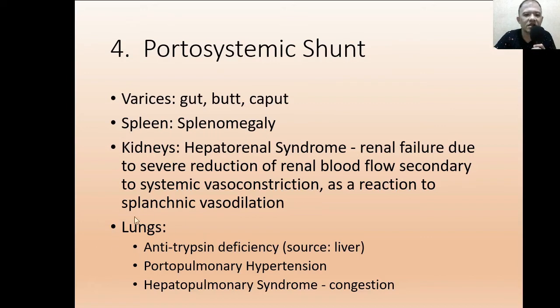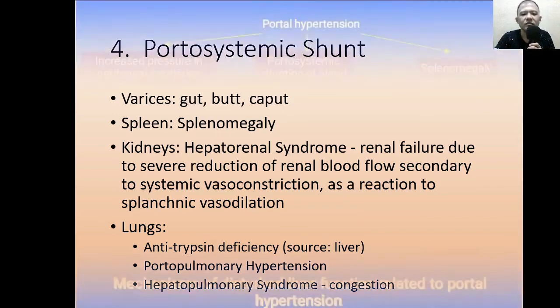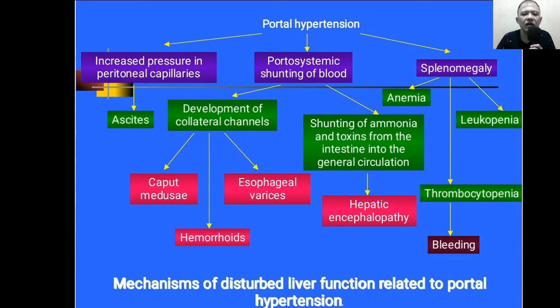In the lungs, you have pulmonary congestion, causing portopulmonary hypertension and hepatopulmonary syndrome. You also have alpha-1 antitrypsin deficiency causing emphysema. And this is the web of the effects of portal hypertension.